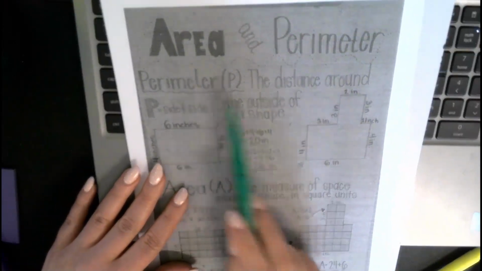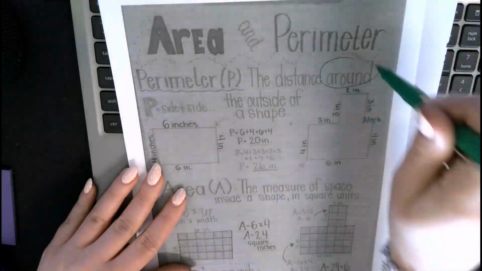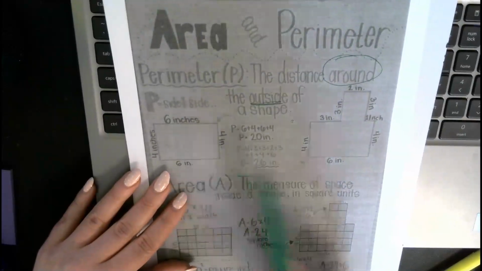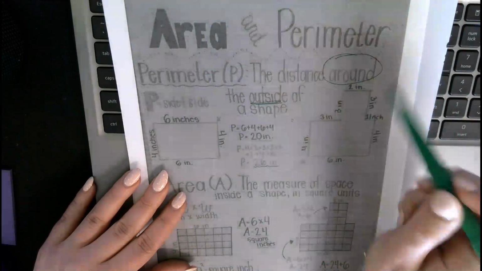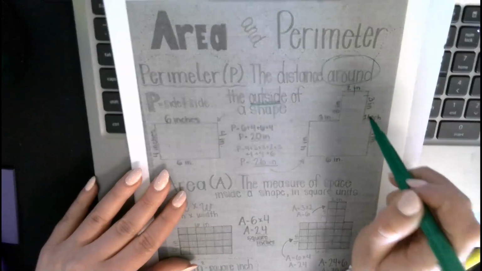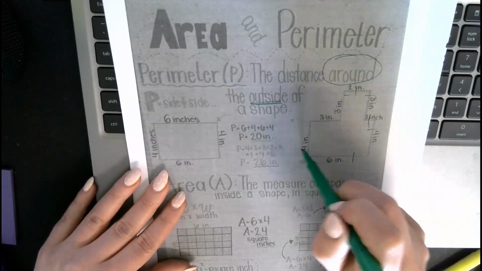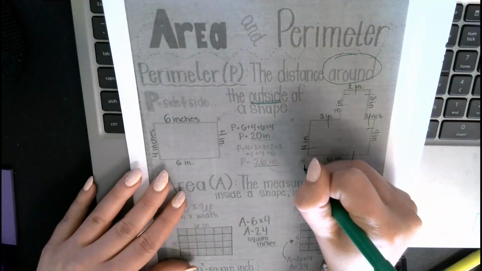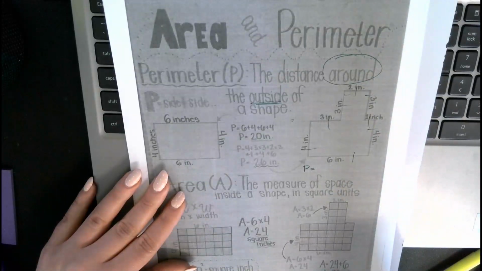This one's kind of hard to see, but it's just another reminder. Area and perimeter. Perimeter is the distance around the outside of a shape. So here we have a rectangle, and we have a 1, 2, 3, 4, 5, 6, 7, 8, 9-sided shape. It's a nonagon. So how many numbers should I be adding together? 9.